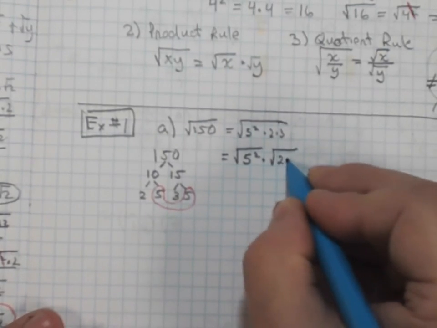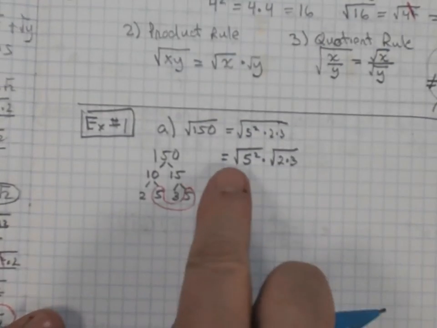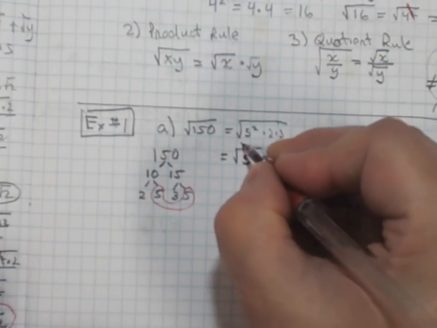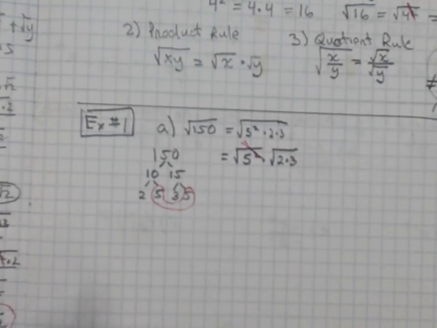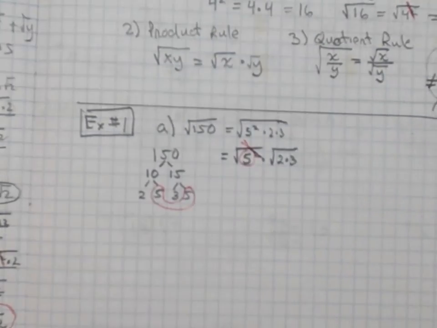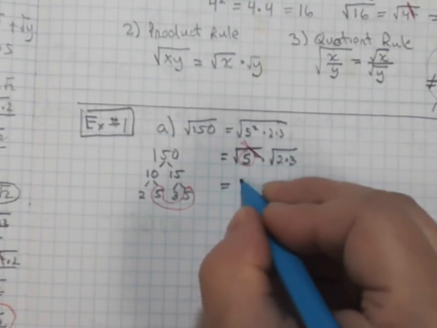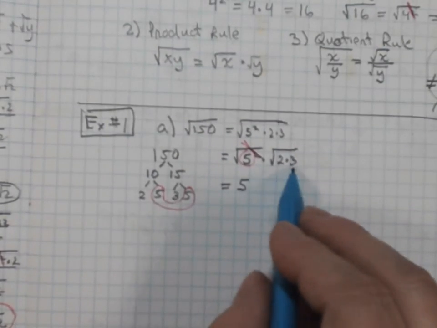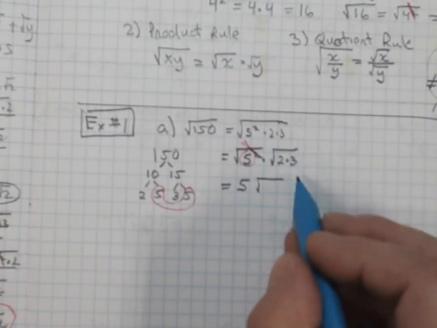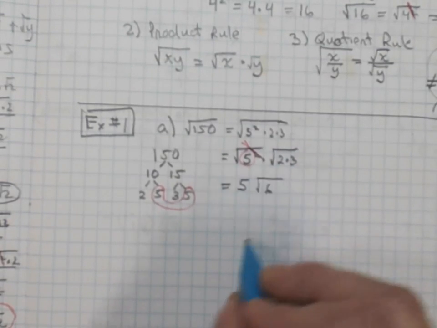And now I can simplify the left radical. The square root symbol will cancel with the power of 2, and it leaves what's inside. Just the 5 comes out. These do not have squares on them, so they stay inside. So let's multiply them together to get 6.